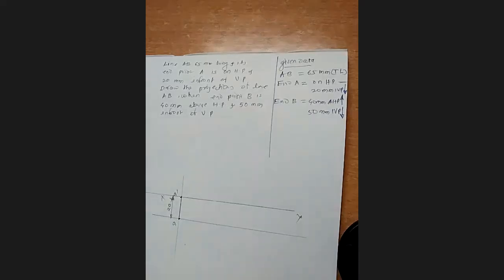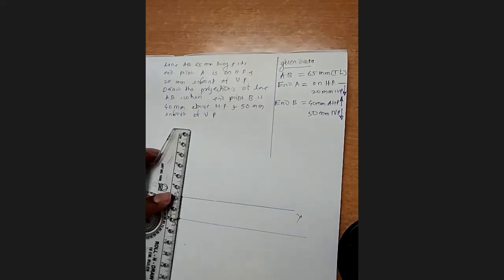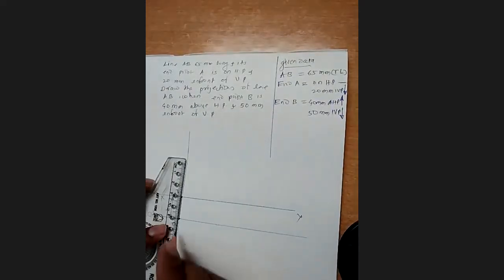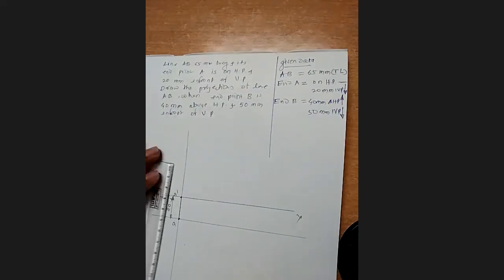Right? So the next thing is that we have to take the conditions for endpoint B, so I will extend this vertical line a little. Now I will take the distance above HP for endpoint B, 40 millimeter.